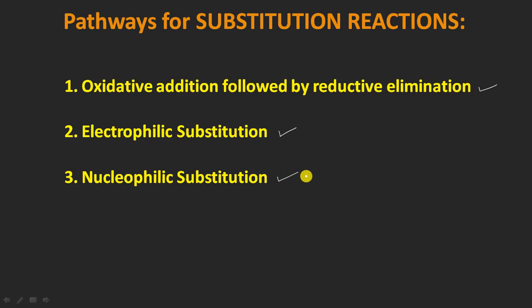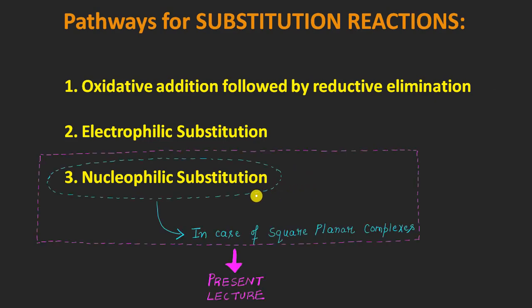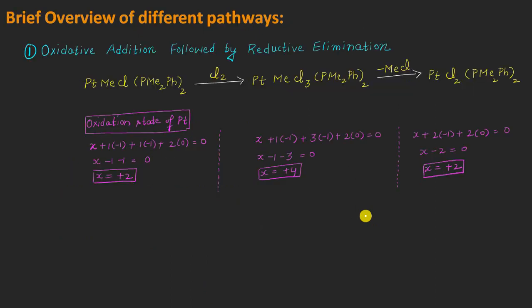And as far as this whole lecture is concerned, we will be talking about the nucleophilic substitution reactions in case of the square planar type of complexes. So let us see what is there in this lecture.